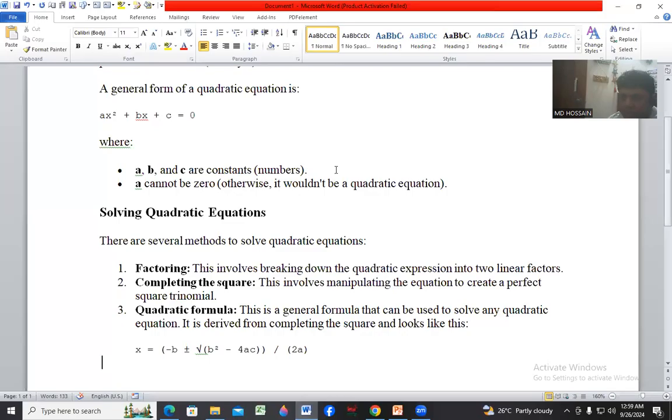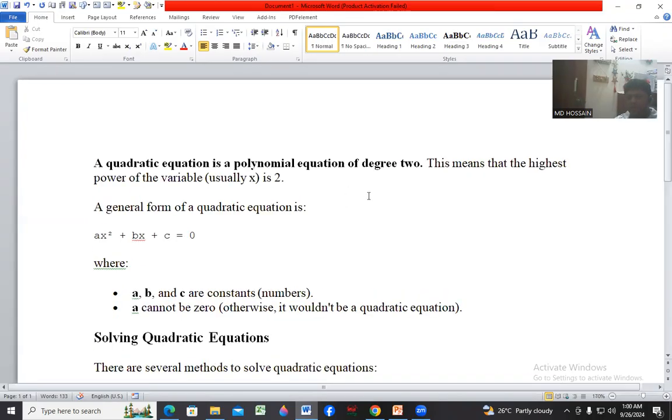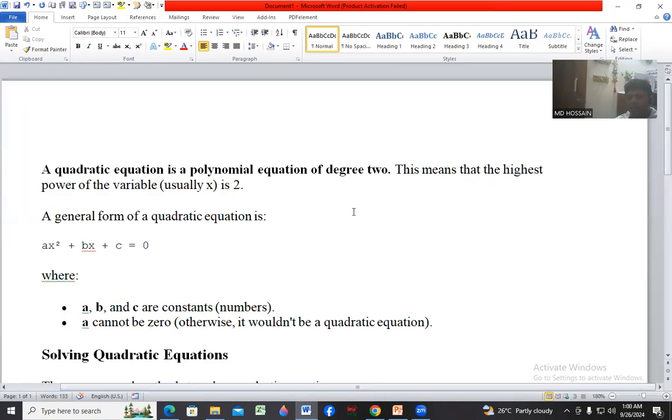You can see here, a quadratic equation is a polynomial equation of degree 2. I repeat, a quadratic equation is a polynomial equation of degree 2. This means that the highest power of the variable, usually x, is 2.